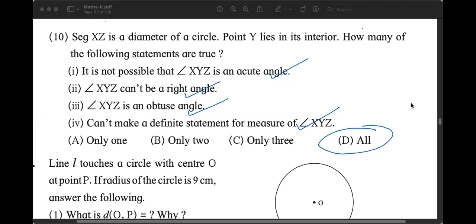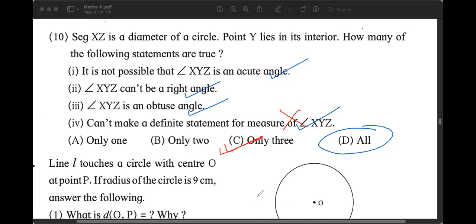Textbook is saying the meaning of the last statement is, it's not about needing the exact measure, but we can say something very definitely. We can say that yes, it is not a right angle, it is not an acute angle, it has to be an obtuse angle. So this is a definite statement that we are making. So saying that we cannot say anything about it is wrong, and the answer is only 3.